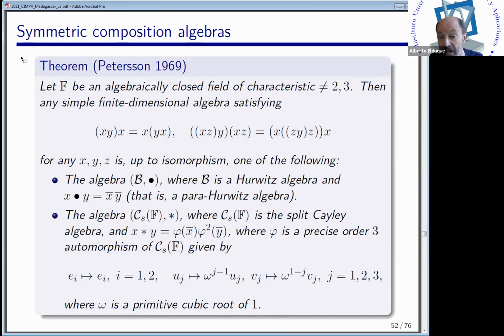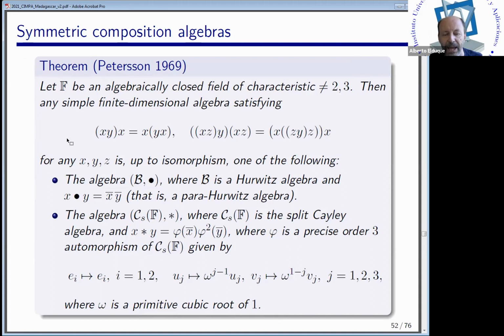That's why he needed characteristic different from 3, and besides, in some of the arguments, he needed characteristic different from 2 also. But see, he was dealing with an algebraically closed field and studying algebras that satisfy these properties.